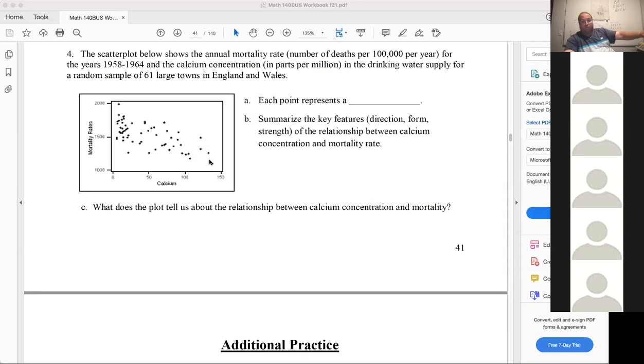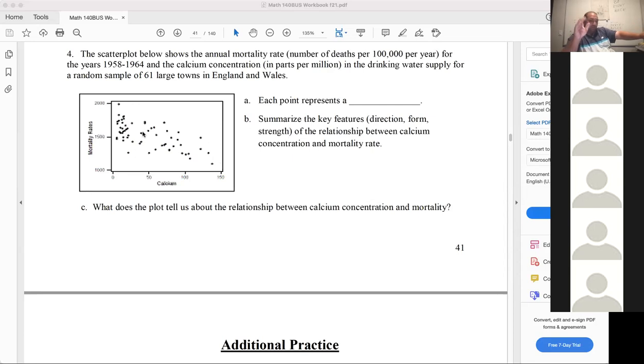Yes. So summarize the key features. Direction: negative. Form: linear. Strength: weak to moderate. I certainly see a linear trend here.